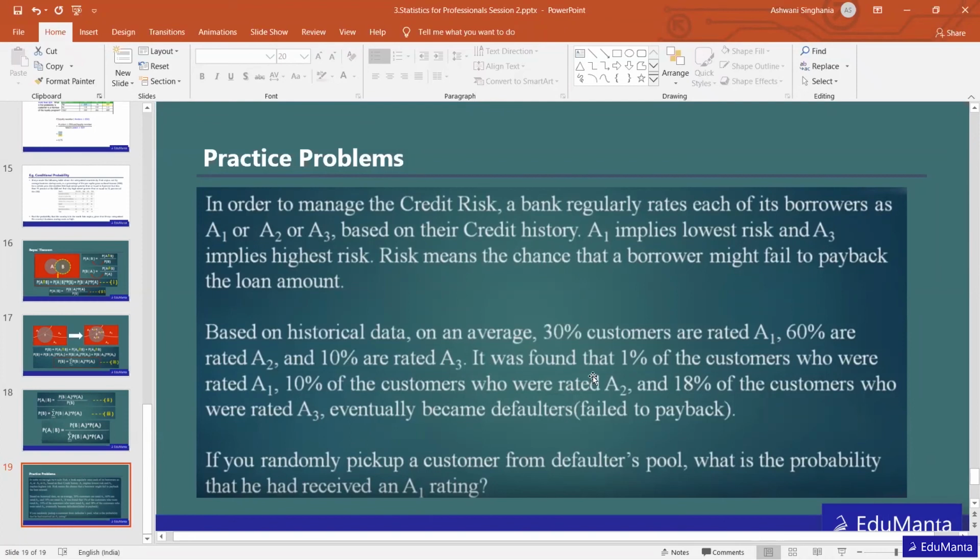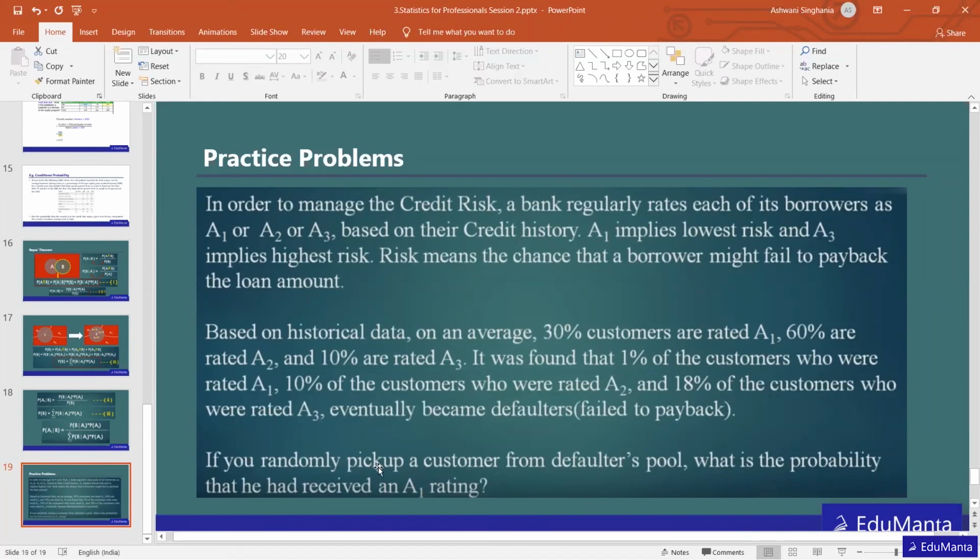It was found that 1% of the customers who were rated A1 will default, and 10% of the customers who are rated A2 will default, and 18% of the customers who are rated A3 will default. That is, they will fail to pay. So what is the probability we need to find out over here?